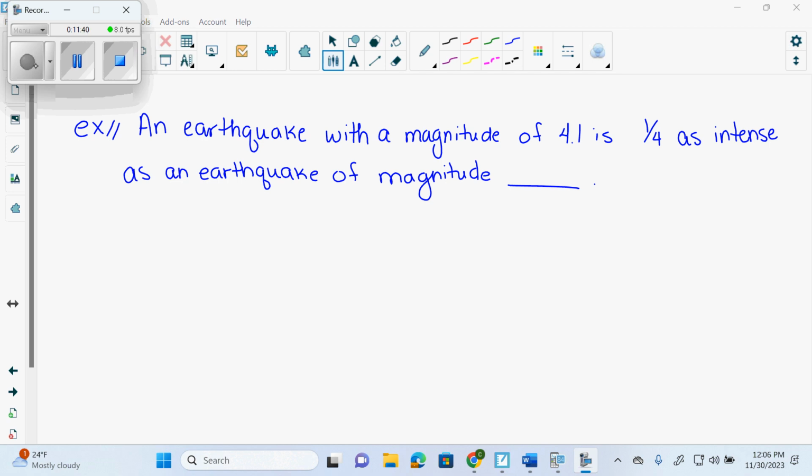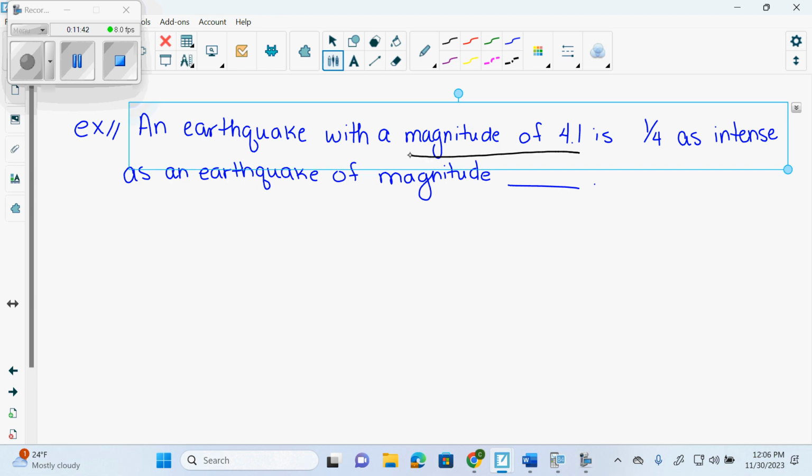So we know the magnitude is 4.1. That hasn't changed. But it's a quarter as intense. So that's my intensity. It's a quarter, which means it's small, right?